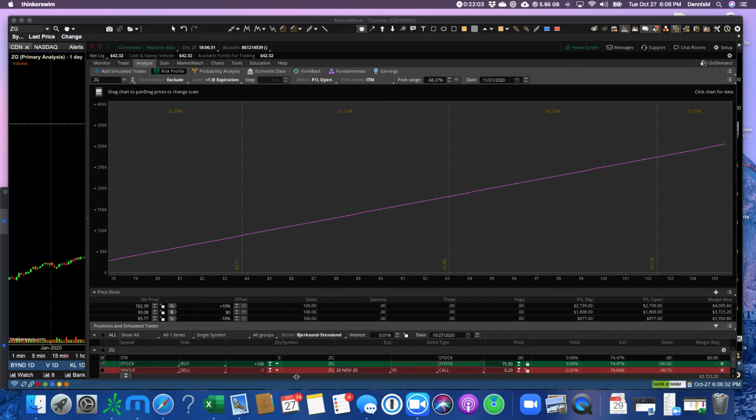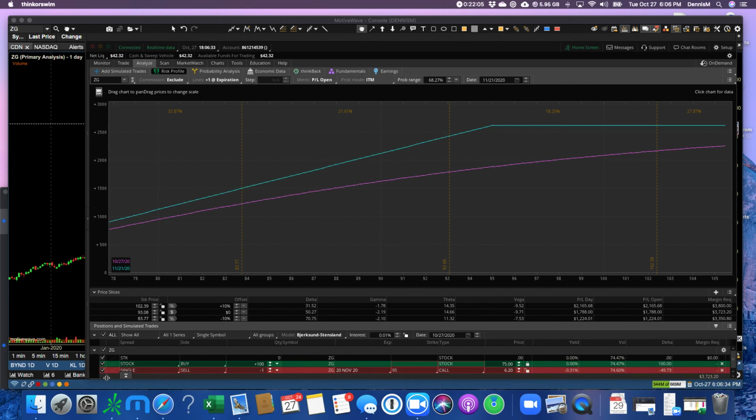If the stock goes above 95 on that expiry day at 4 o'clock in the afternoon, as soon as the market closes on November the 20th, they're going to come and take your 100 shares, but they're going to let you keep the $620 and they're going to give you $95 for each share. So that's capping you on the upside, but giving you some protection.